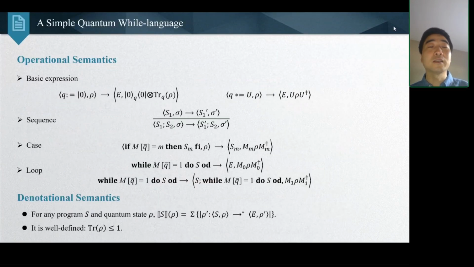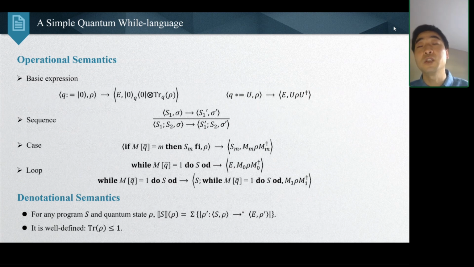So the operational semantics is as follows. For the basic expression, if we initialize Q to 0 on rho, then we initialize the register Q to 0 but leave the rest of the registers in rho untouched. We apply a unitary, so we apply U rho U star. This is because of the positivity of quantum mechanics.